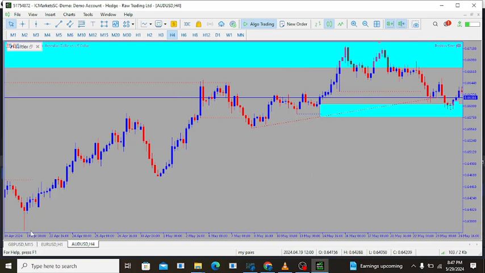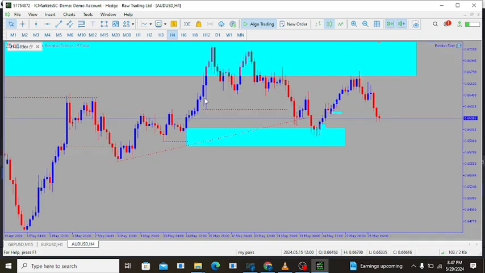You see, I'm taking this relative high time frame structure. You see, this is our inducement, and this is our extreme point of interest.